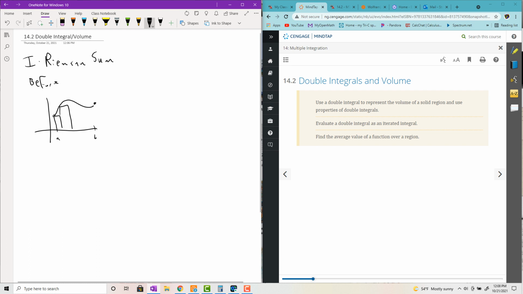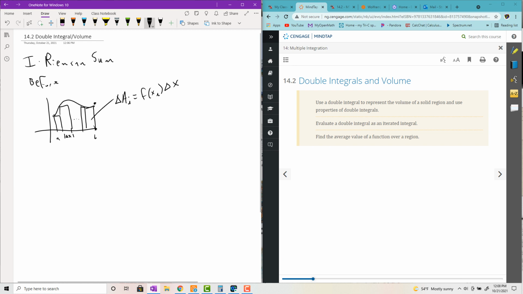Usually we had equal widths. I know it doesn't look like I have an equal width there, and we call those change in x's. Then we can figure out the area of one particular rectangle, call it change in A sub i, which is usually f of x sub i times change in x.